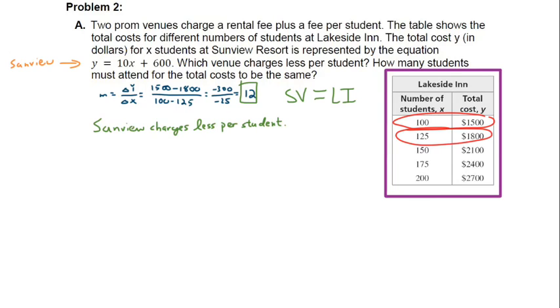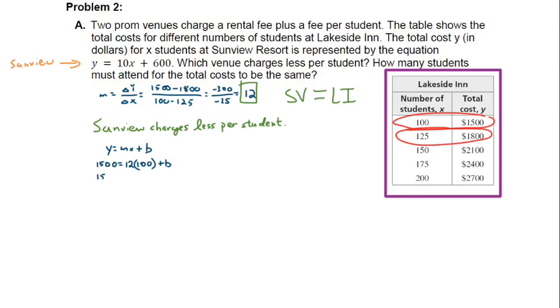So remember, to find the equation, we're going to pick a point. I'll pick that first one, plug in the x and y and the m, and solve for b. Remember, we got y equals mx plus b. So if I pick that first point, your y is 1,500, your x is 100, your m, we just found out, was 12, and we will solve for b.